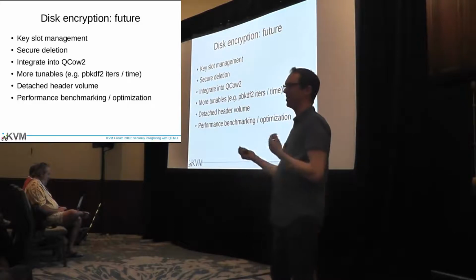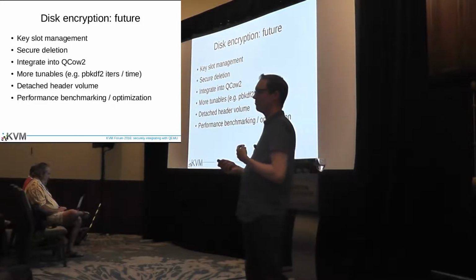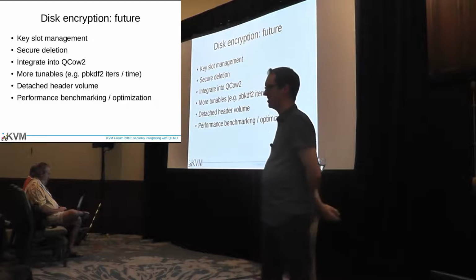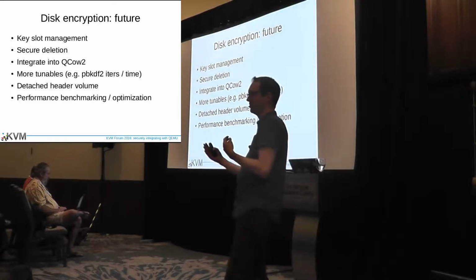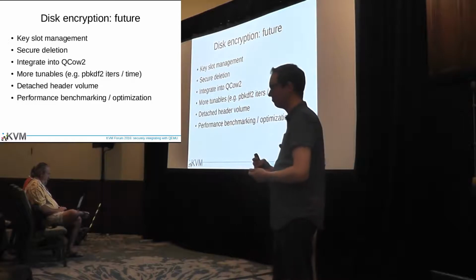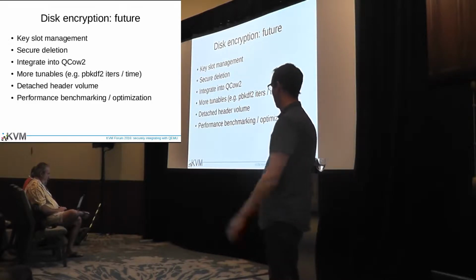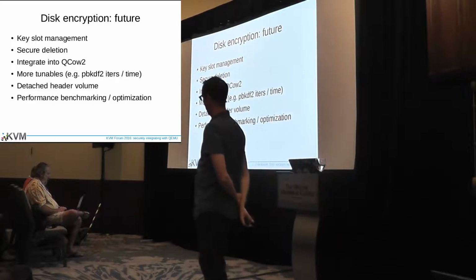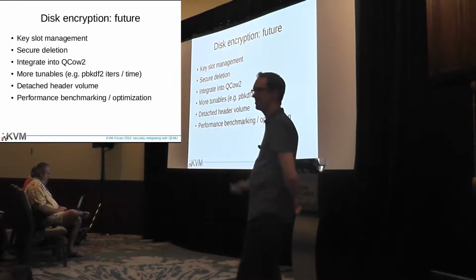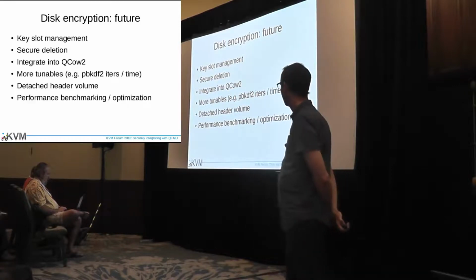You want to be able to configure the running time of that algorithm by setting the number of iterations it does. As computers get faster at doing cryptographic hashes and so forth, you need to be able to increase the complexity of the PBKDF algorithm.